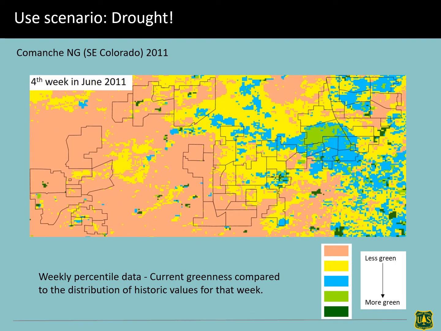That pattern continues on through the last week in June. The take home here is that PhenoMap can reveal regional differences in drought effects that may help managers prioritize both the movement of grazers and perhaps stocking levels.